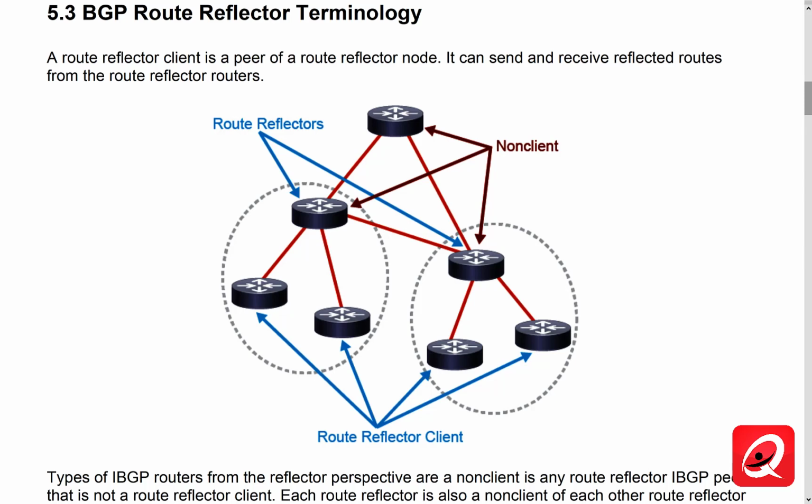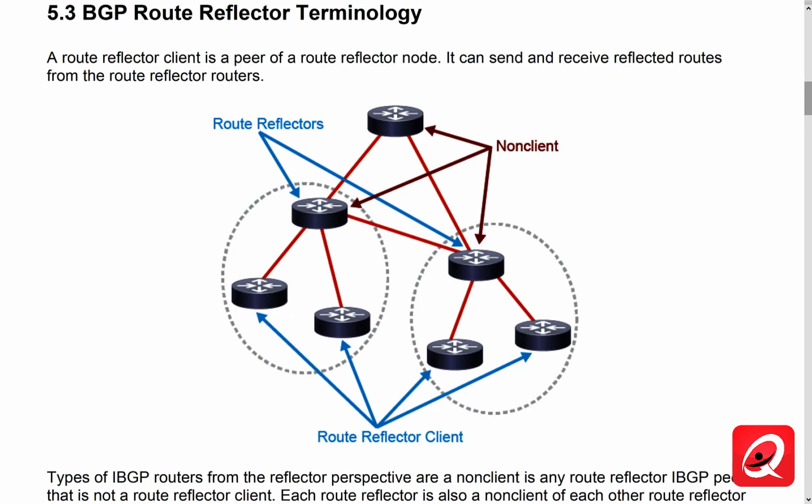So, this is kind of a repeat of what we had talked about previously, right? But I want to make sure that we solidify this understanding. We set up a route reflector, we set up route reflector clients, and then we have non-clients, which are basically just iBGP peers that are not configured under the route reflector configuration. Each route reflector is also a non-client of the other route reflectors in the network, so they don't actually form a peering relationship together.